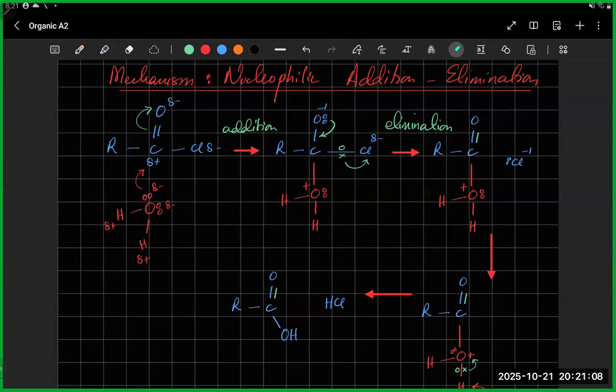And you had this entire mechanism. Remember, this entire mechanism would be exactly the same with amines as well. So I'm just going to write, although we haven't done nitrogen compounds yet, but with water, with NH2, it's going to be exactly the same, because that is a nucleophile that's very similar to water.